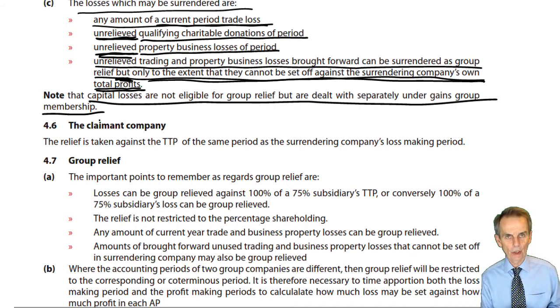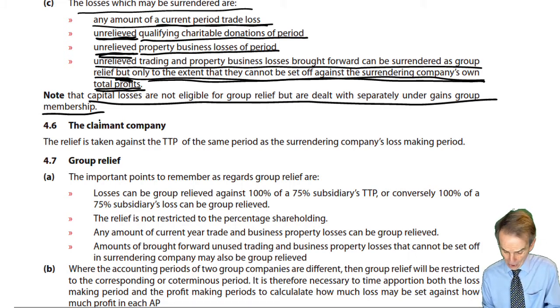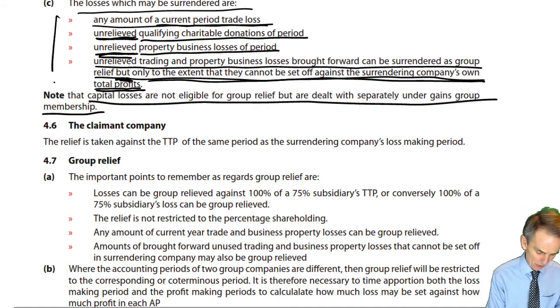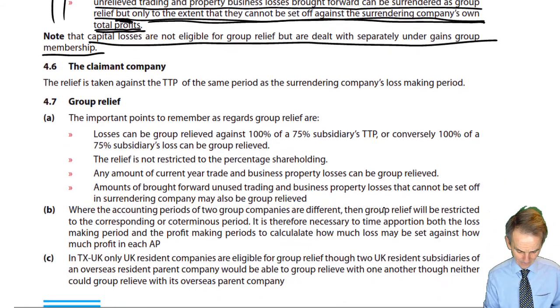But this is not group relief. If you can't remember that, go back to that earlier lecture where we made reference to this. We will be seeing it all later. Gains groups are separately dealt with. Group relief, when we use that term, refers to those losses that we see noted there. They are the ones, not capital losses.